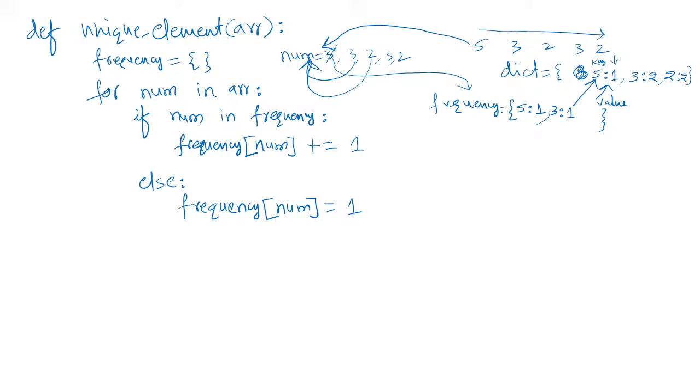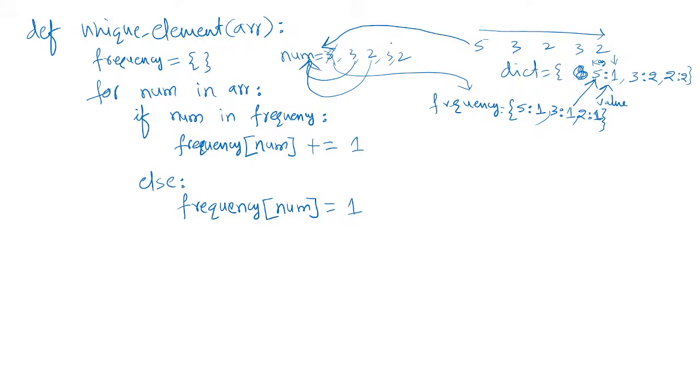Then num gets the next element 2, and it checks if the key 2 is present in the frequency. No, so it comes to the else part, frequency of 2 is equal to 1, so it creates one more key 2 with value 1.